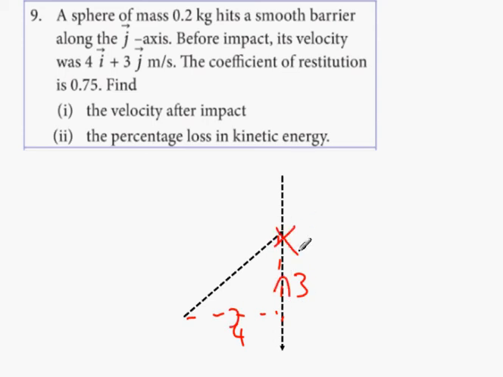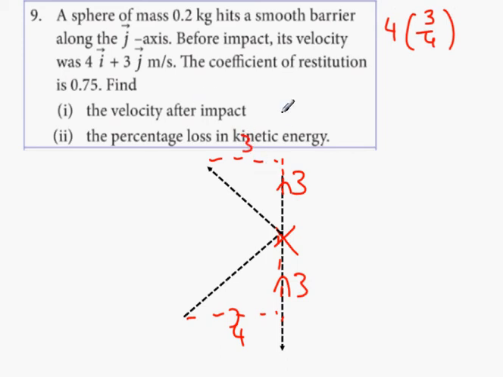You hit here, X marks the spot, and then on the way out, what happens? Bigger angle or smaller angle? Smaller angle. What stays the same? The 3 stays the same. What changes? The 4. The 4 is now 3/4 of what it was, because 0.75 makes that a 3.